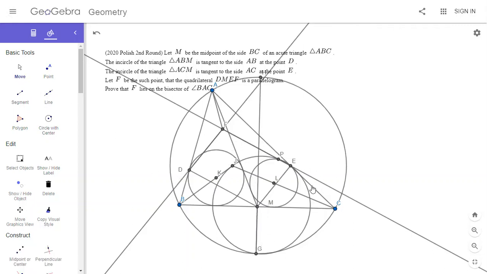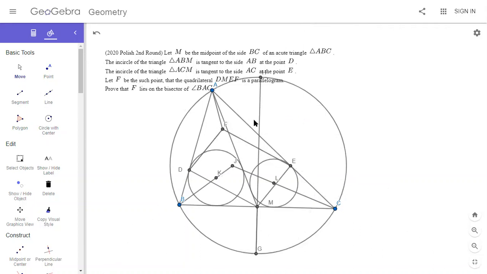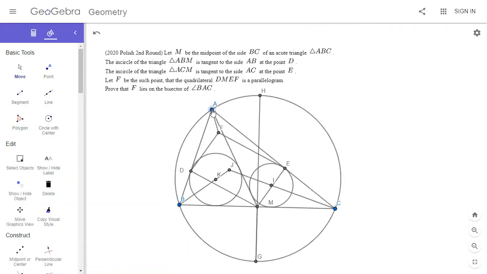Let's see. What does it mean for a point F to lie on the angle bisector? It means the perpendiculars from F to the two sides are equal.